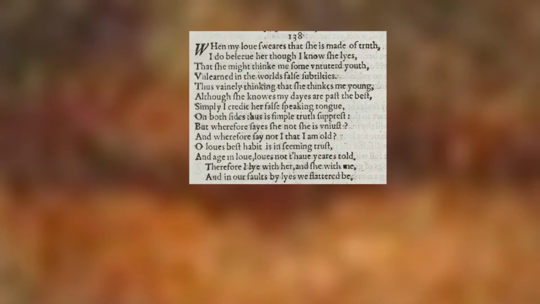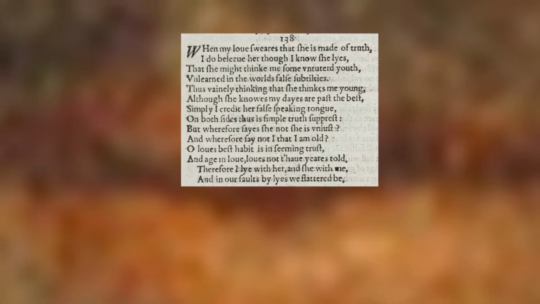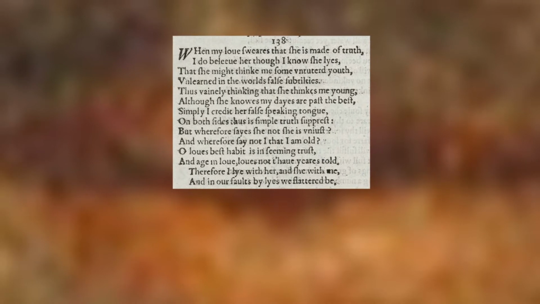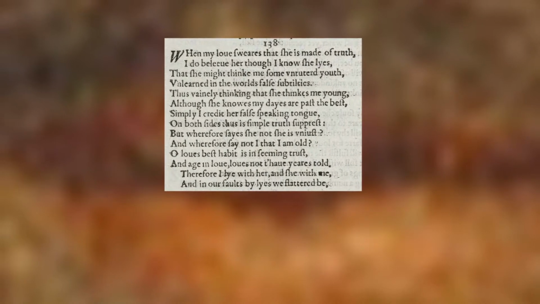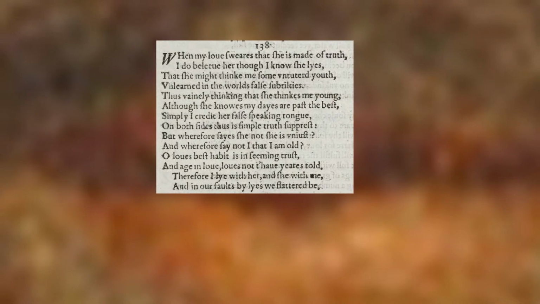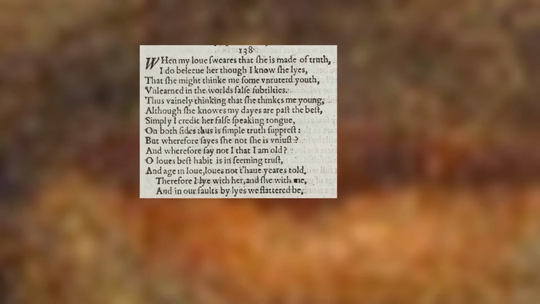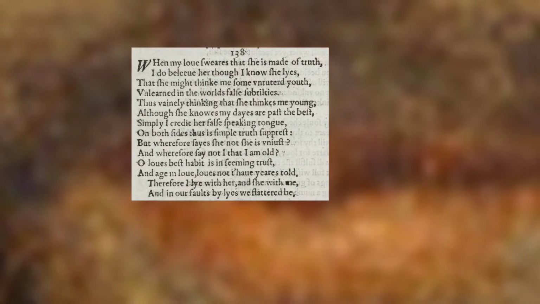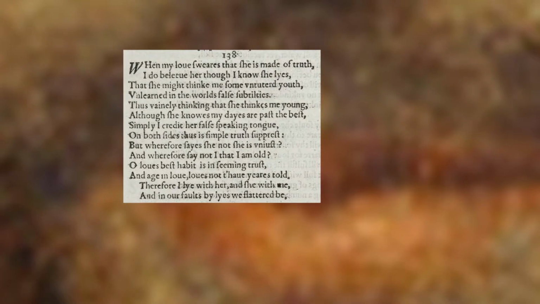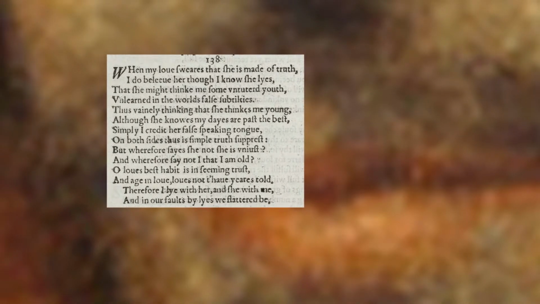You can see that particularly here in Shakespeare's sonnet from the 1609 quarto, because the layout highlights the separation of the final couplet through the indentation. It's very clearly laid out here that the two final lines are separate from the rest of the poem. "Therefore I lie with her and she with me, and in our faults by lies we flattered be."